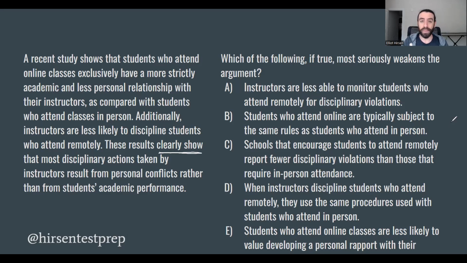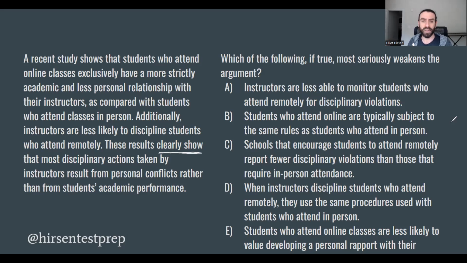Okay, if that makes sense, then we can agree we're feeling pretty good that we can anticipate pretty strongly what the correct answer is going to have in it. So as we're rolling through this list of answers, we're going to be asking ourselves, does this present some plausible alternative explanation for why there are fewer disciplinary actions?